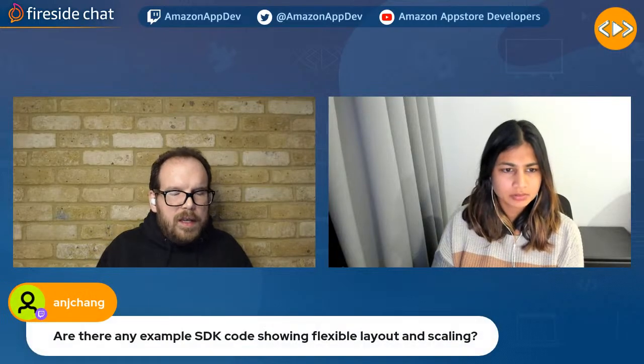There is a great question. Are there any example SDK code showing flexible layout and scaling? Not so much about SDK code. However, there are a lot of sample applications that you can run.